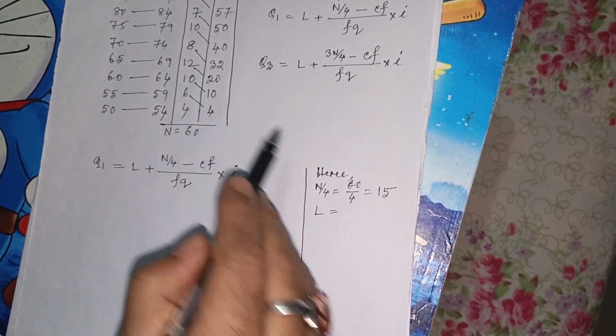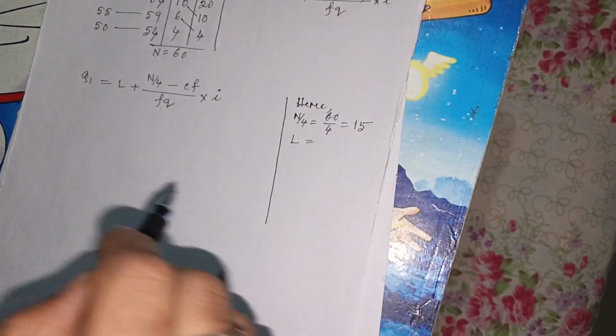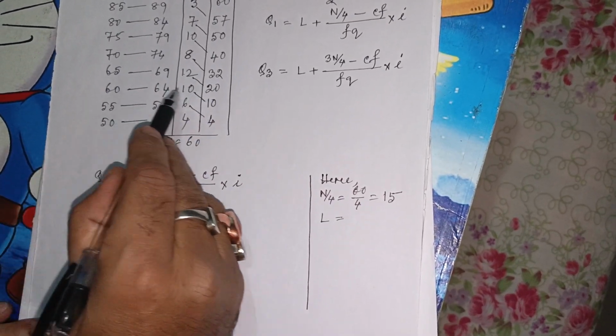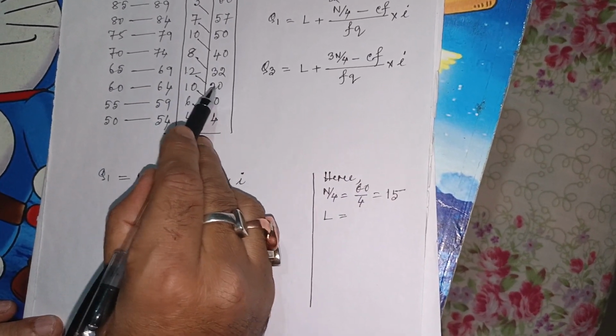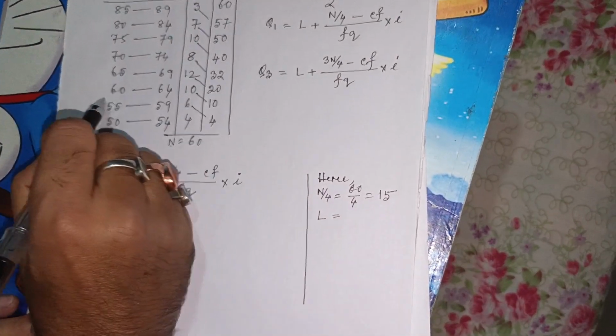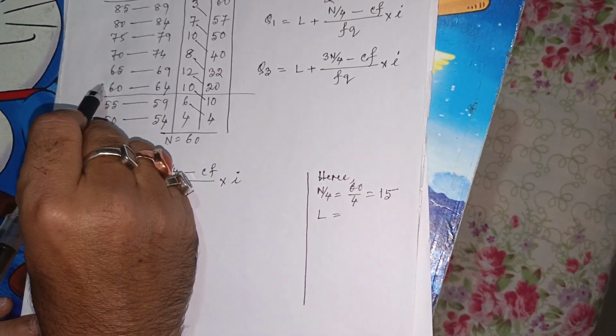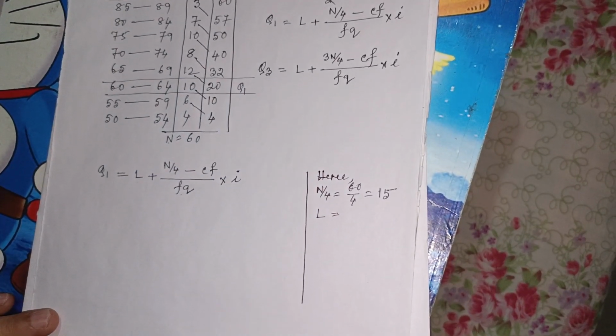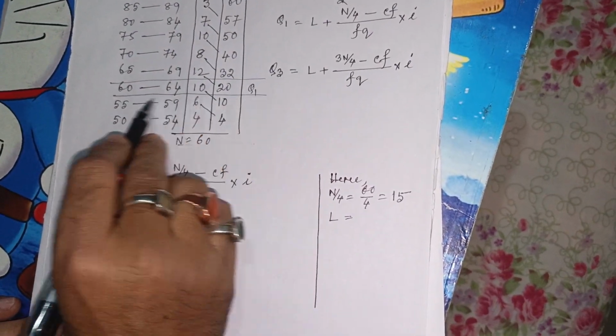Then 20. So it is more than 15. So ultimately, the number 15 is lying in this class interval, that is 60 to 64. In this class interval, the number 15 is lying. So this will be the first quartile series. You can put a mark here like this by pencil.